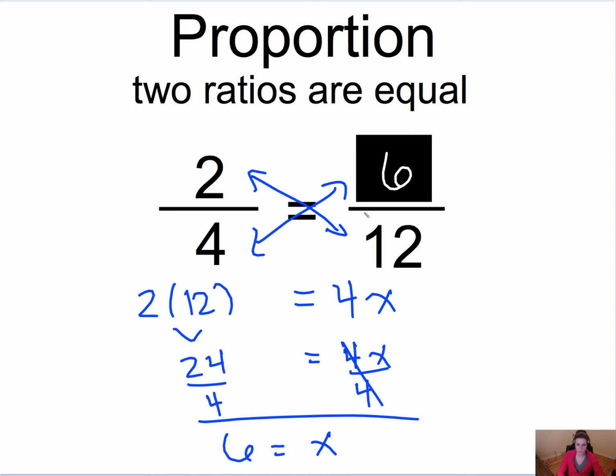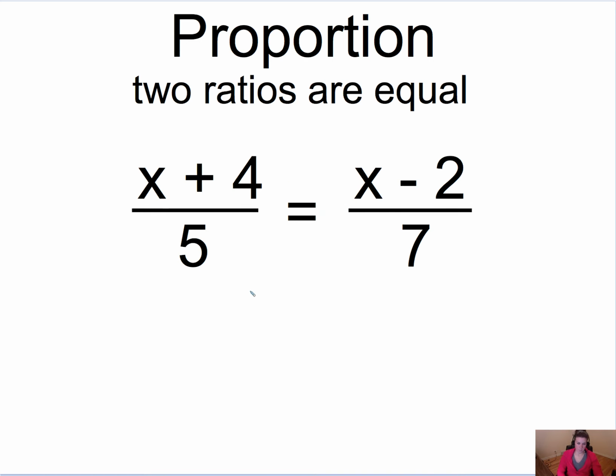Okay, you're probably familiar with that from previous grades, but now let's take it up to the algebraic level. This is still a proportion. This ratio is equivalent to this ratio. Except now instead of just having one term, we've got multiple terms in each section. So here we have x plus 4 divided by 5 is equal to x minus 2 divided by 7.